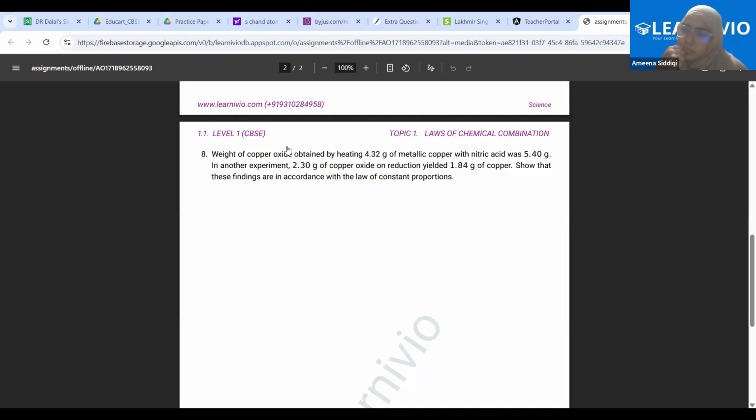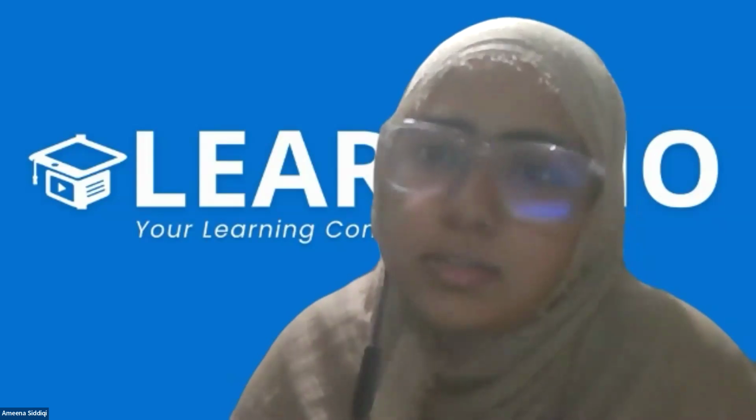Then the mass of oxygen in the oxide is 5.40 minus 4.32. Then I got 1.08 gram. Excellent. Then I took Cu equals 4.32 divided by 5.40.